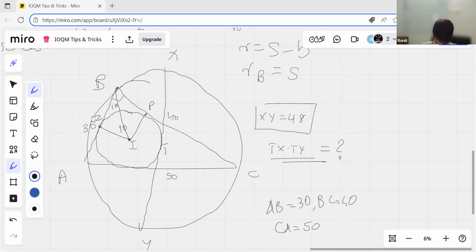Not exactly a solution, just maybe in one direction. Maybe we can put XT as x and TY as another variable. Then we can try to work out x in some way or the other. Then we would have to forget about the fact that we have a. Sure.